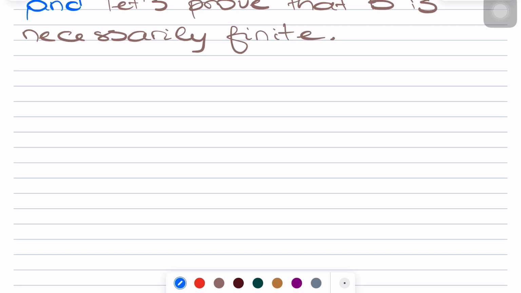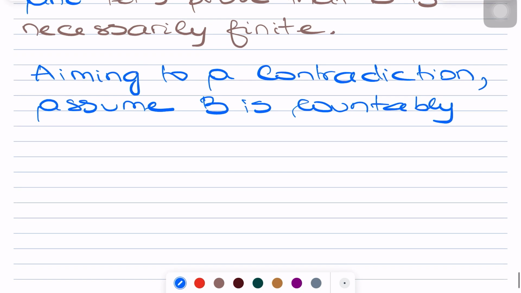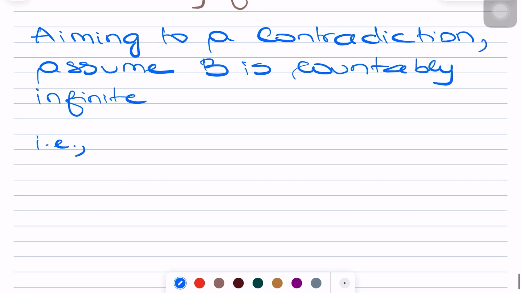Let me say, aiming at a contradiction, assume B is countably infinite. So that means B can be written as b_k, k in N.